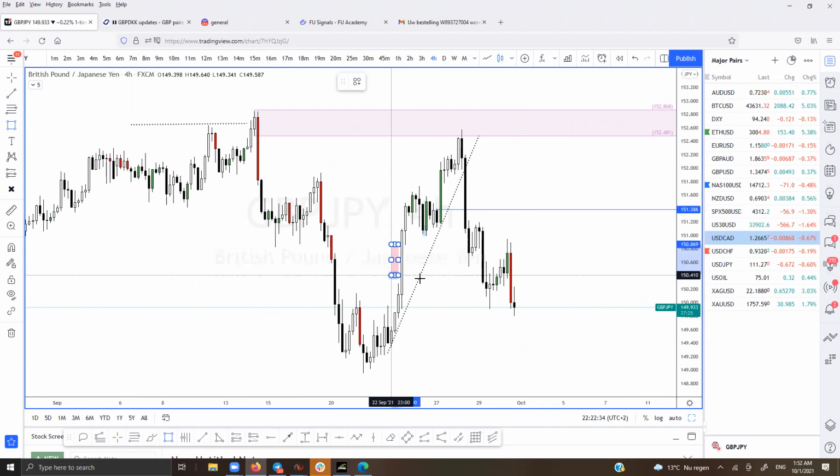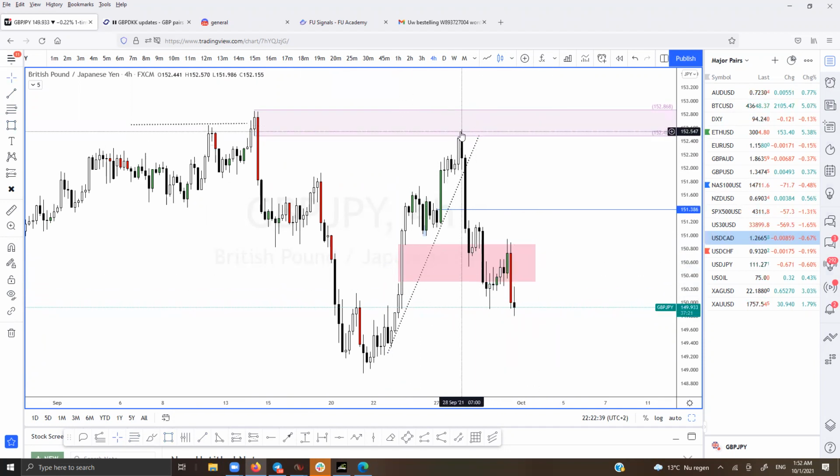So that was the imbalance already there. If you would have sold from here, then your first target should be here, because that is one valid demand. It might hold your price. A second target should be your inefficiency, this one, somewhere in the middle.